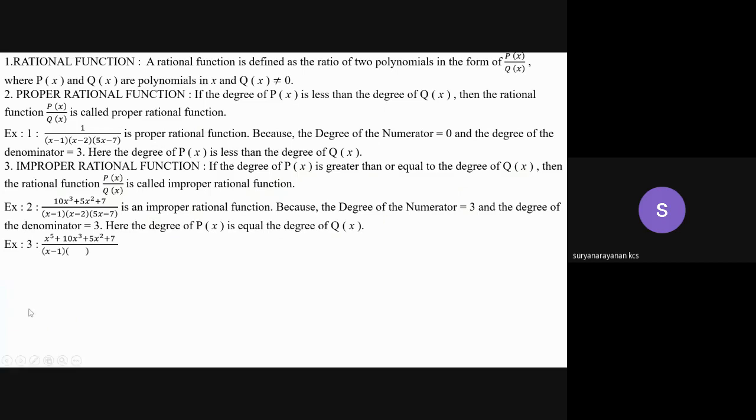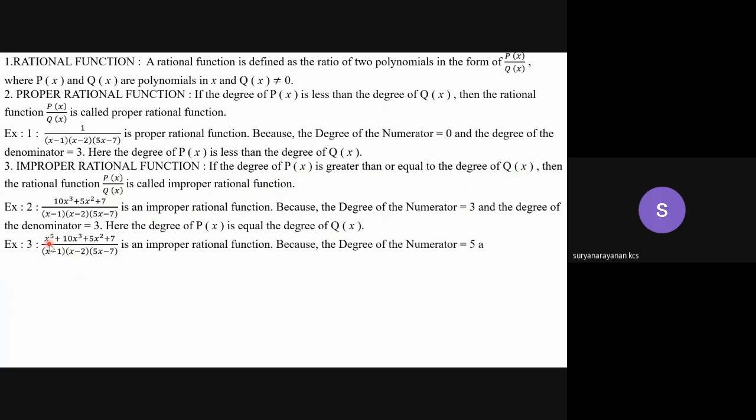What is the degree of the numerator? 5, sir. Highest power of x is called the degree of the polynomial.